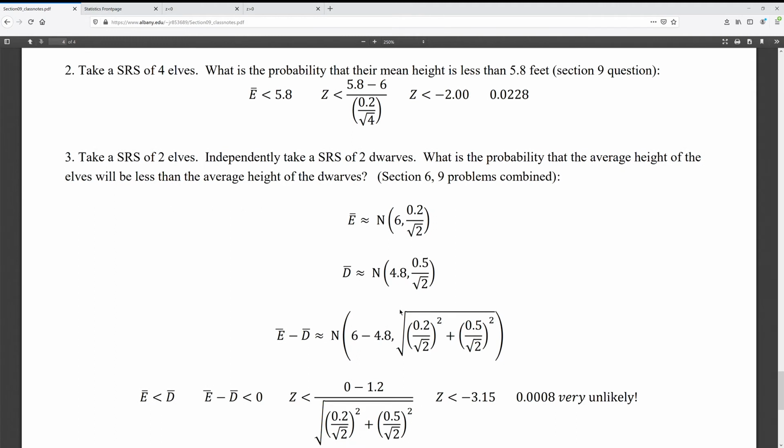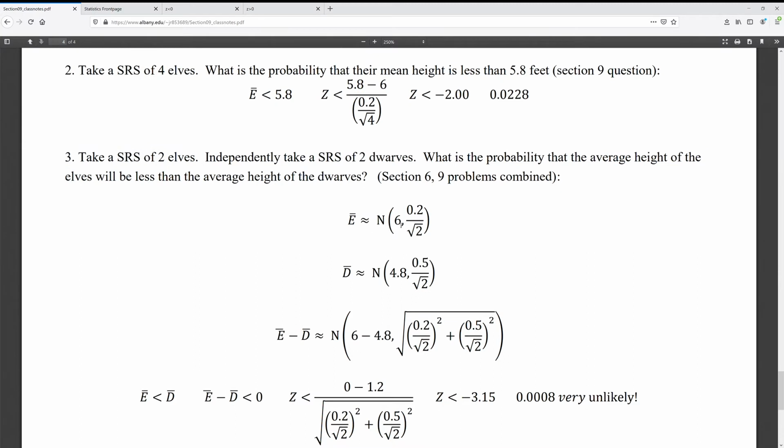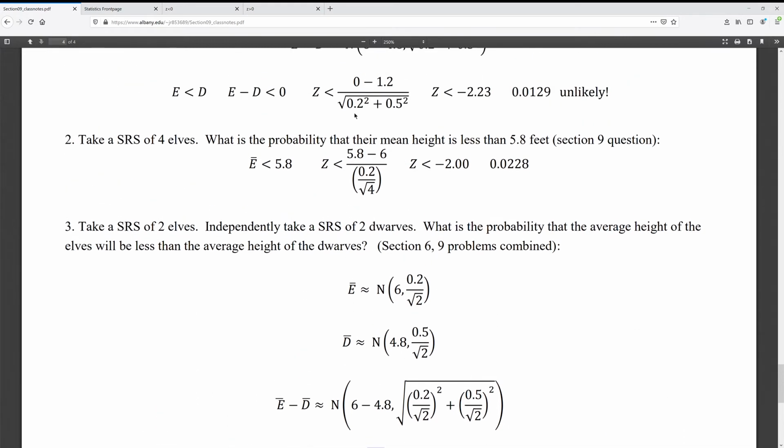The means play out exactly as before. The mean of E bar minus the mean of D bar is the mean of the one minus the mean of the other, so we're still going to subtract 1.2. Nothing new there.